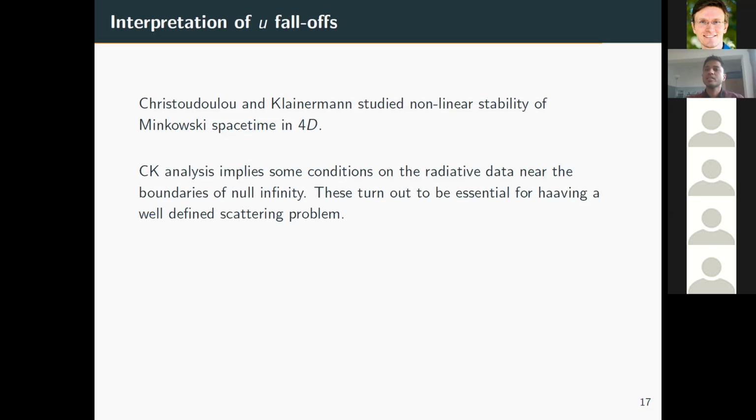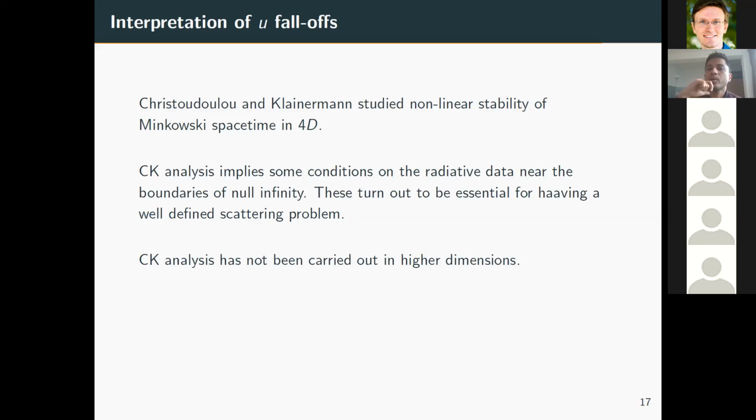The spaces which satisfy these conditions are known as Christodoulou-Klainerman spaces. This implies some conditions on the radiative data near the boundaries of null infinity, that is at scri+ and scri-. And these conditions actually turn out to be essential for having a well-defined scattering problem.